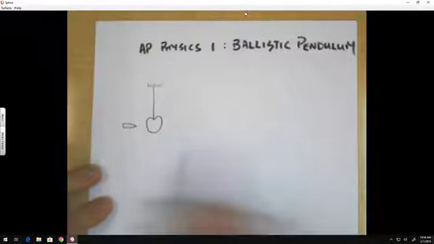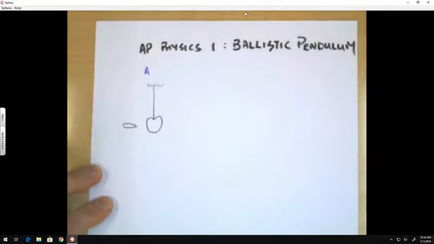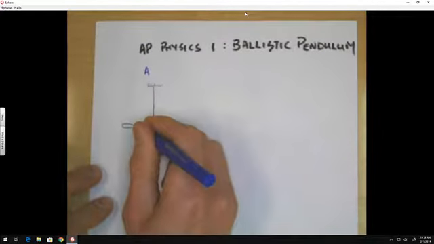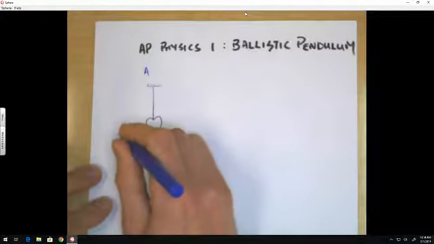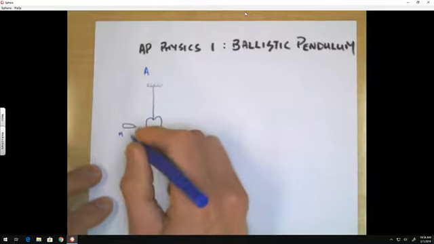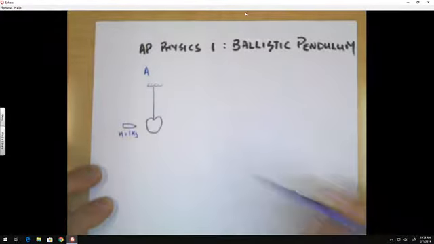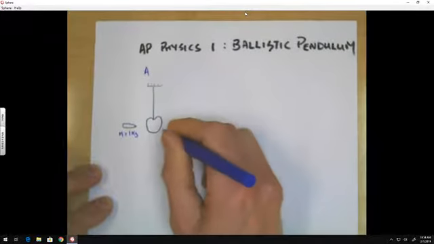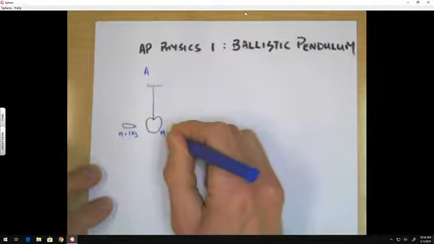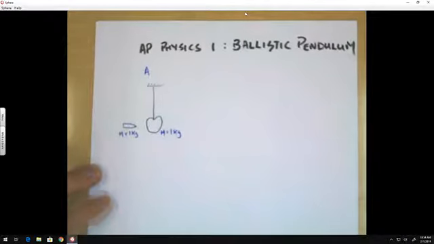So why don't we start off with this picture. I'm going to call this A. That'll be our snapshot here at the starting point. And let's say, just to keep the numbers simple, I'm going to make the mass of this bullet or dart equal to 1 kg. I know that's kind of big, but let's just use 1. And let's make the apple the same thing, so we'll say that it has a mass equal to 1 kg.